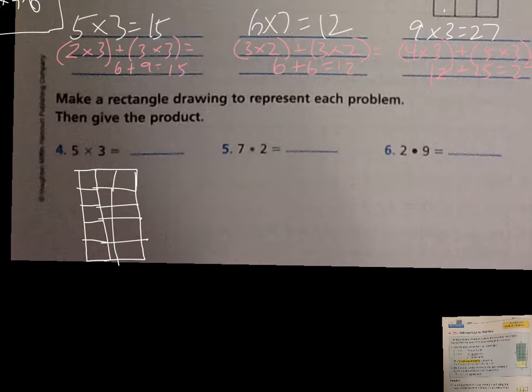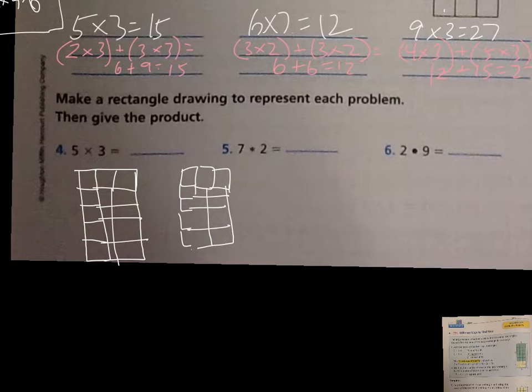It can't be like this. You can't go 1, 2, 3, 4, 5, then 1, 2, 3. That's not area, because all this area here has nothing in it. Okay, when you fill it in all the way down, it shows you that you're accounting for everything in the middle.